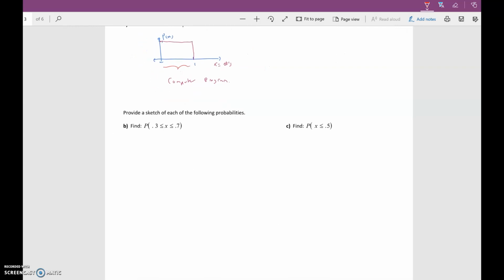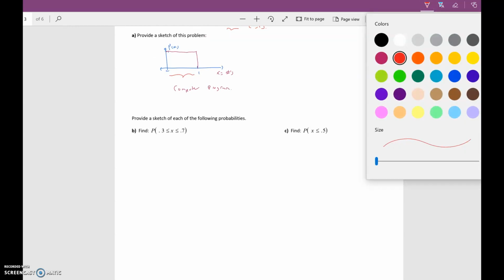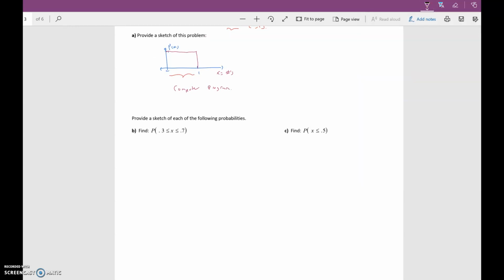Let's take a look at problem B, and in all of these, they're going to want us to do sketches. So let me declare the variable so we don't have to worry about that. In this case, let x equal a number.